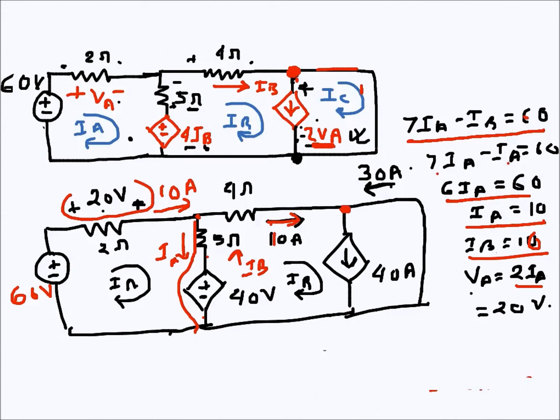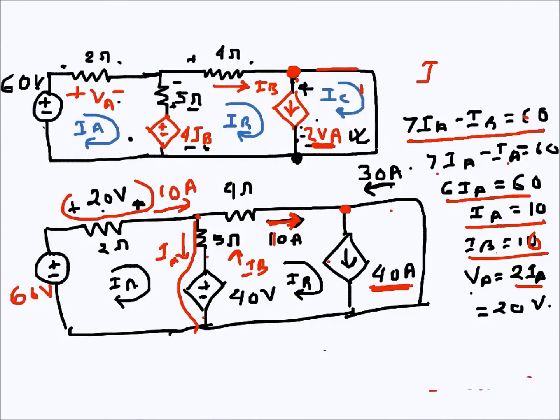And then at this node, looking back here, this source current is 2VA, and this is 40 ohms. VA is 20, so 2VA is 40. So 10 is coming this way, and we know that IC is 30.